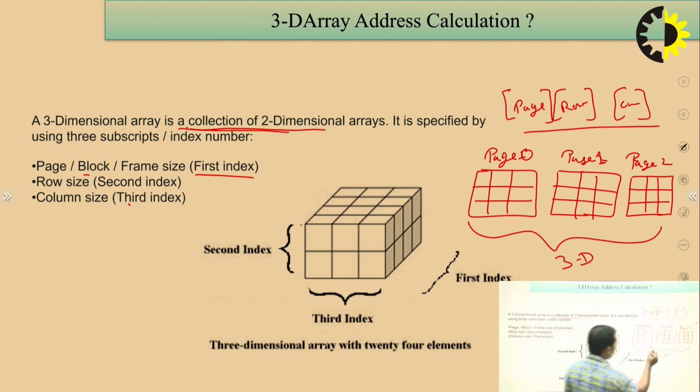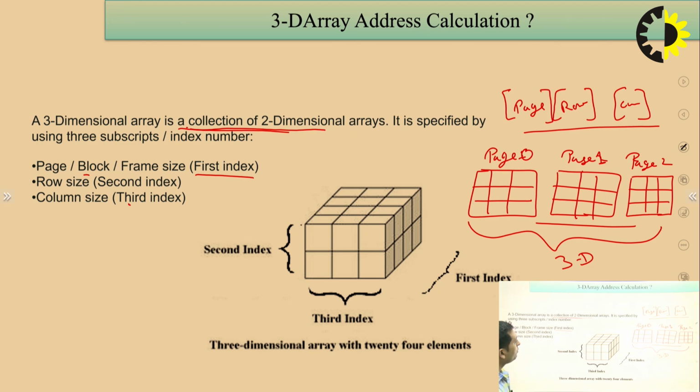We can represent this collection of 2D arrays in block form. This is the first page, on the back side the second page, on the back side the third page, fourth page and so on. This is just like a 3-dimension figure, so we call it a 3D array. The first index means the number of pages, the second index means the number of rows, and the third index indicates the number of columns.